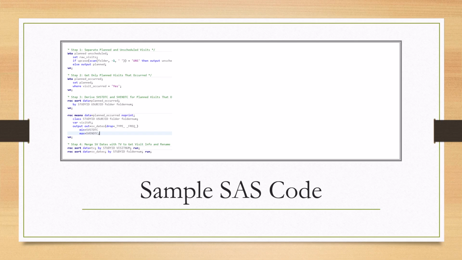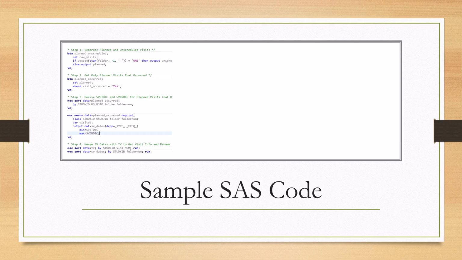So after we have separated the unplanned or unscheduled visits, another thing we are seeing is that from the planned visits data, we are again separating the ones where the visit occurred. Why? Because for the visits which did not occur, we will not have the start or end date.